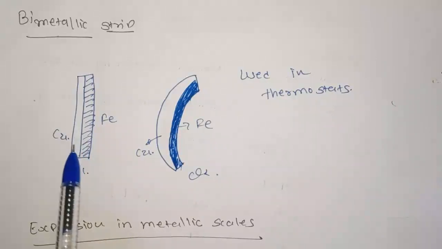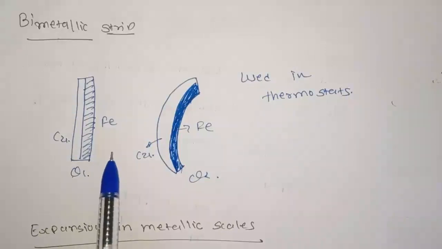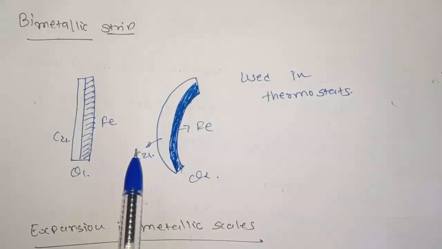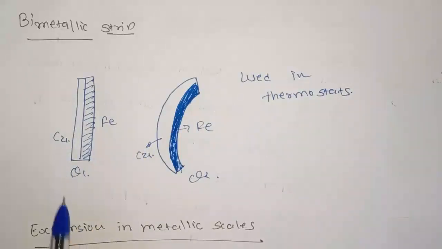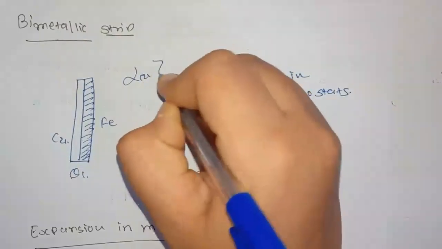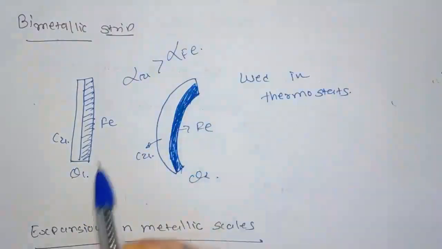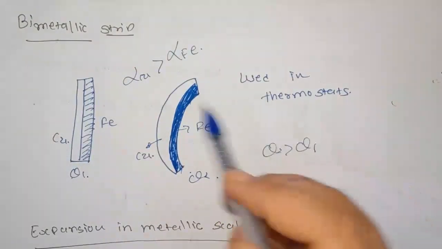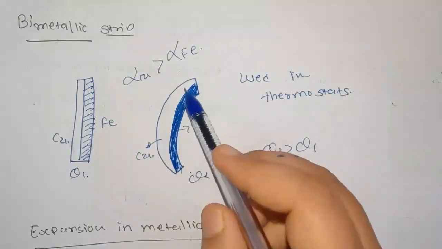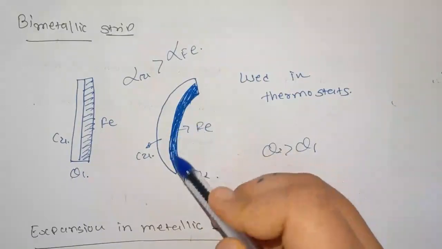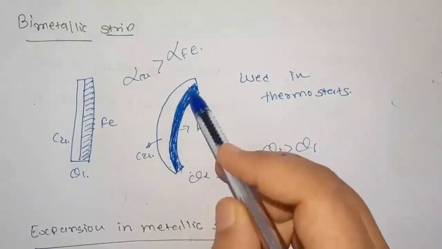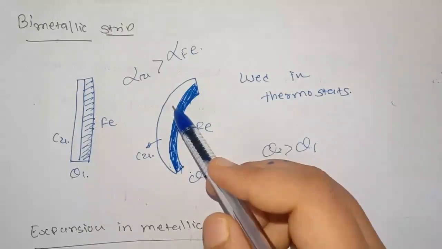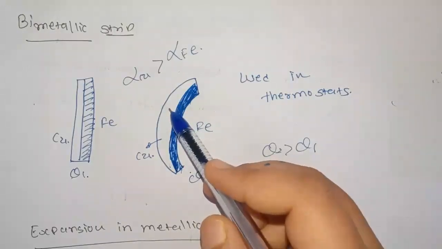Now, when such bimetallic strip is heated, it bends with metal of greater alpha on the outer side, that is on convex side. Here, the alpha for copper is greater than alpha for iron. So, when the temperature is increased, given theta 2 is greater than theta 1, the expansion in the copper will be more than the expansion in iron. So, the material having greater alpha will bend on the outer side, that is on the convex side.